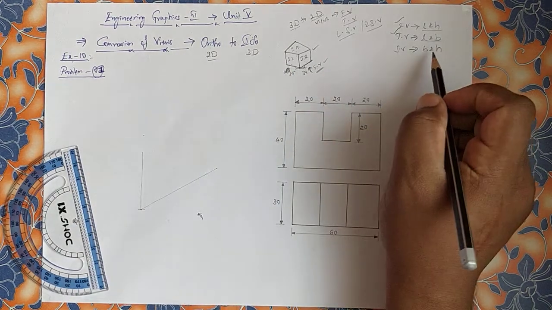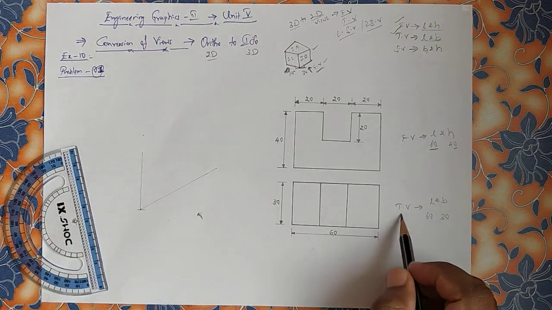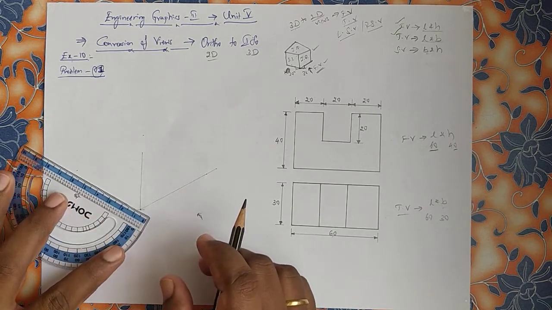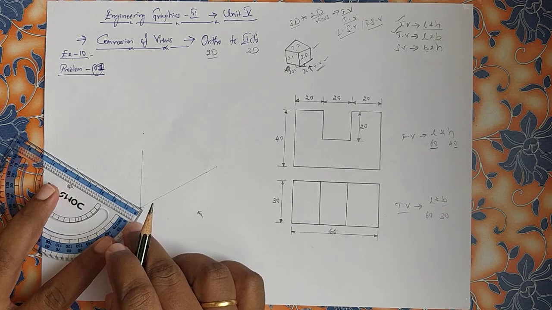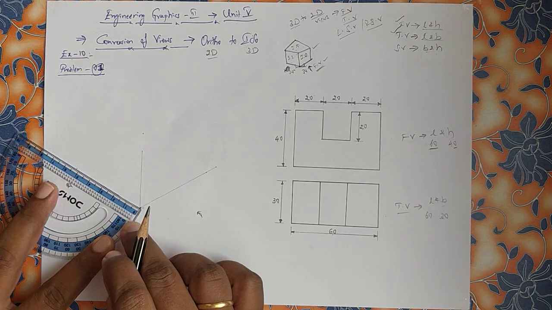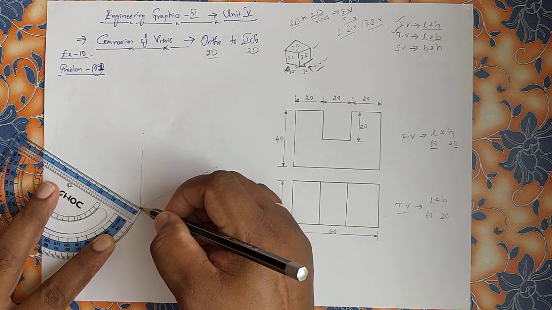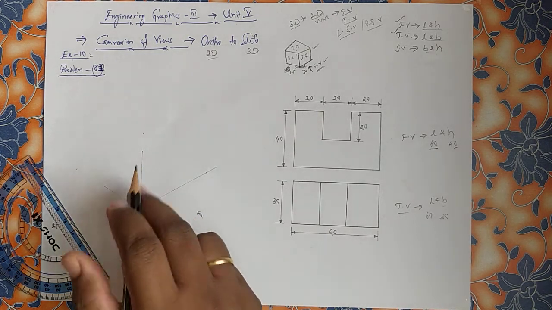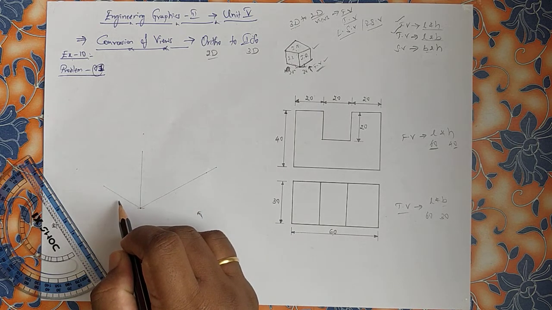ISO left is nothing but length, breadth and height. Height we have known; breadth from the top view you can analyze as 30. So here on the left side I am drawing it as 30. These are the three things which we have drawn: ISO right length, height, ISO left breadth.